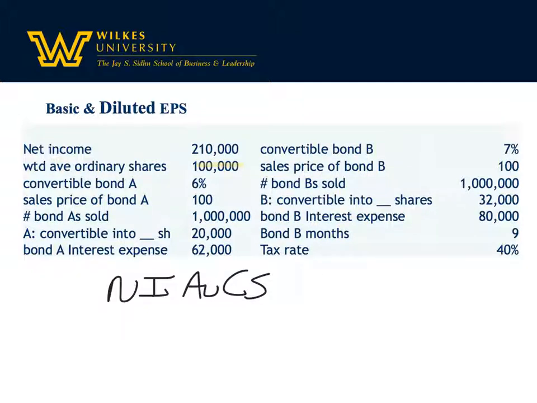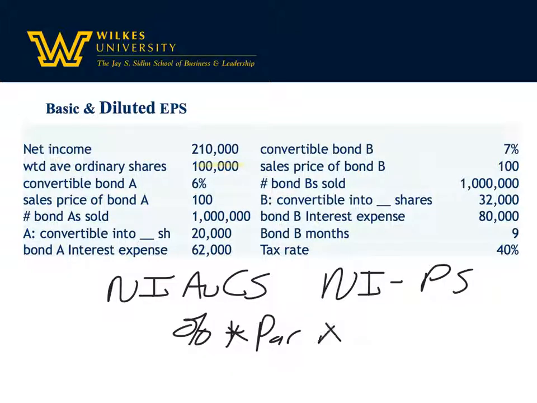We really calculate that as net income minus the preferred shareholders' dividends. And the preferred shareholders' dividend is going to be the percent, because that'd be 8% preferred, so it would be 8% times the par value times the number of shares. But we're going to assume very simple for this example so we don't keep adding extra things to confuse.